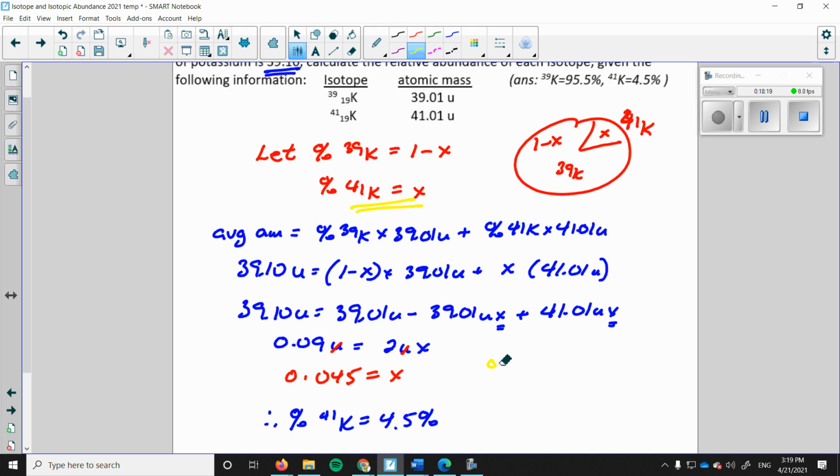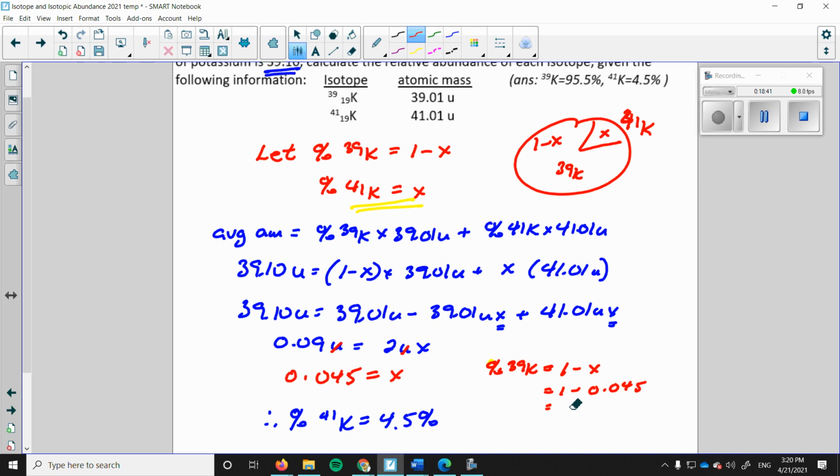Well, the percentage of potassium 39, sorry about that, is going to be equal to 1 minus X. Well, what is it? 1 minus, we know X is 0.045. And you do a little bit of subtraction here. Here we go, get the calculator out.